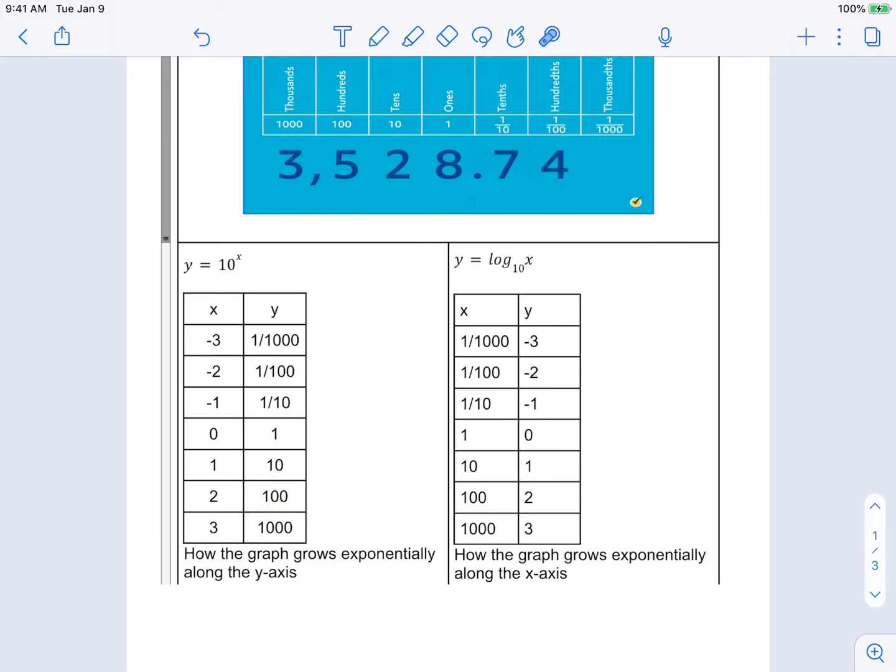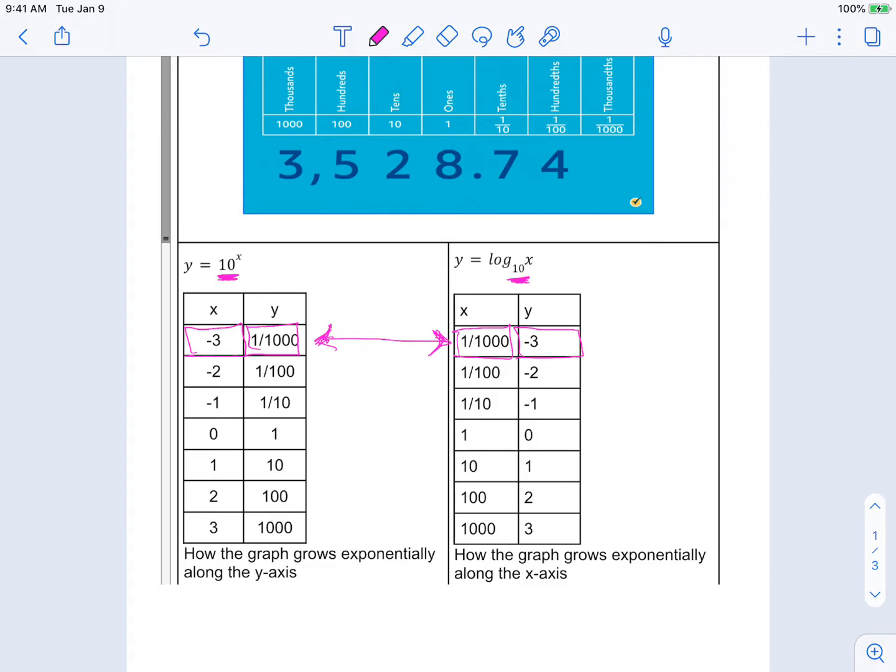The thing I want you to notice is that there is a relationship between these components right here. If I'm looking at this one and comparing it to that one, I have something with an exponent of base 10, and over here I have a log with a base 10.